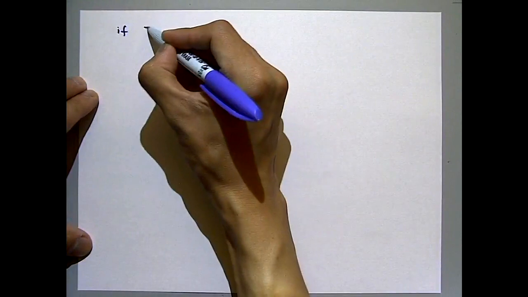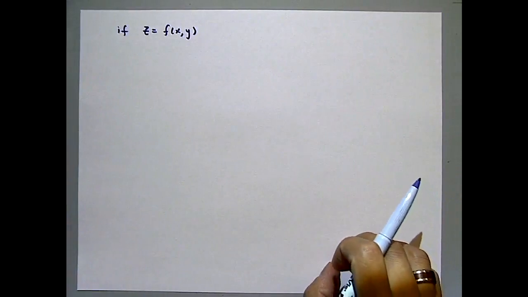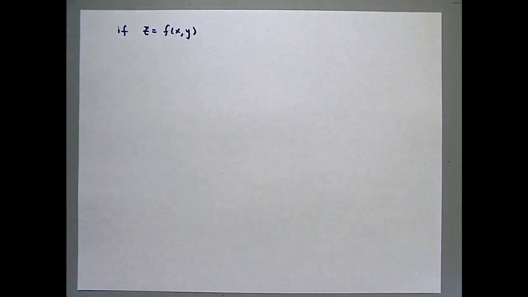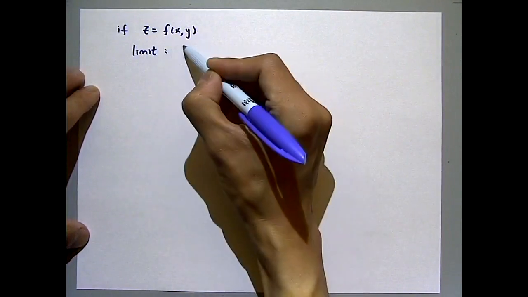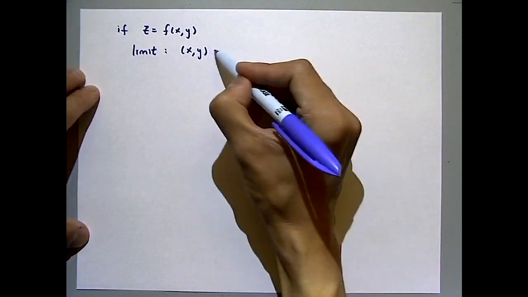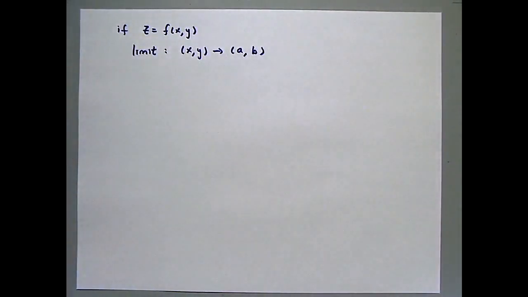All right, so keep these things in mind as we deal with two-dimensional variables. Now let's start looking at the concept of a limit in 2 dimensions. When we deal with a 2-dimensional function here, when you talk about the limit, you're talking about letting x, y, this point, get closer and closer to some point that you want to define, a comma b.